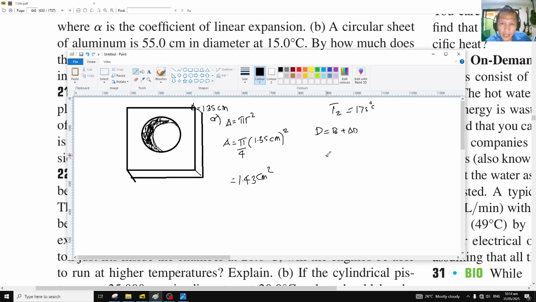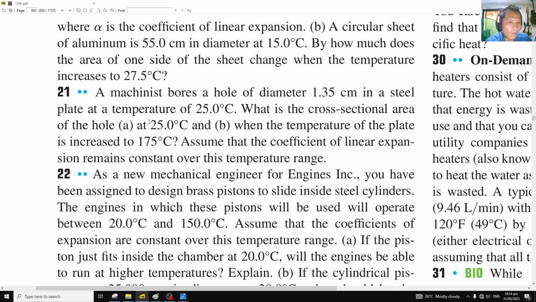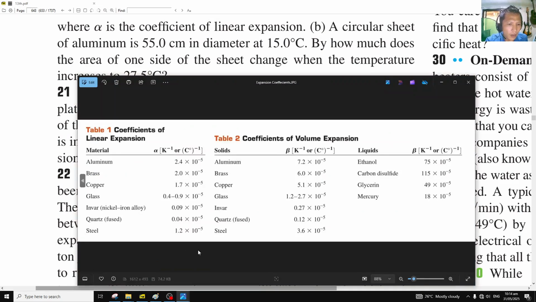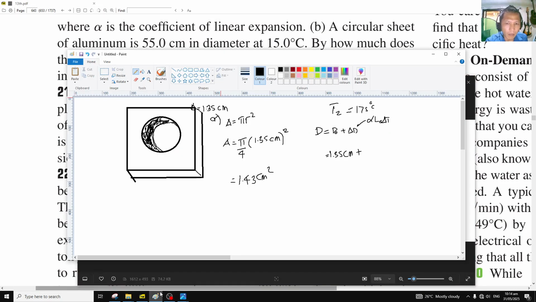Wherein this delta diameter is of course your formula, alpha length, or D0 in this sense, L0, that would be the D0, then delta T. So we substitute D0 as 1.35 centimeter plus your change, that would be alpha. For what is this machine? It is a steel plate. So we choose this 1.5, maybe for steel. For steel that is 1.2 times 10 to the 5.